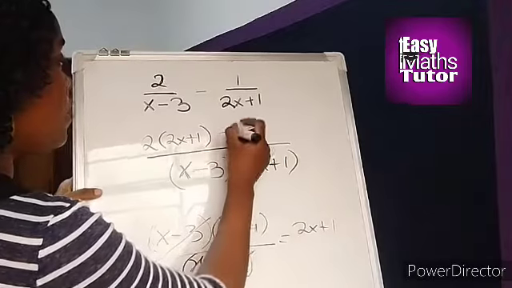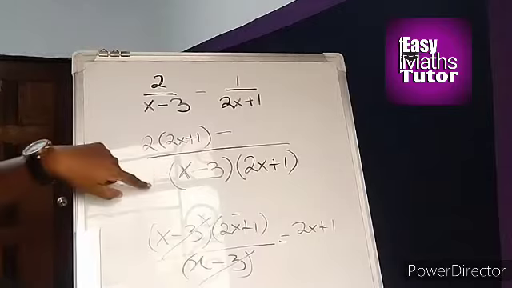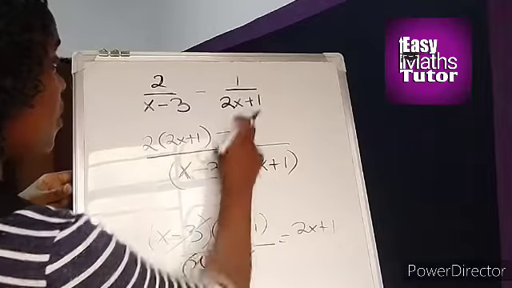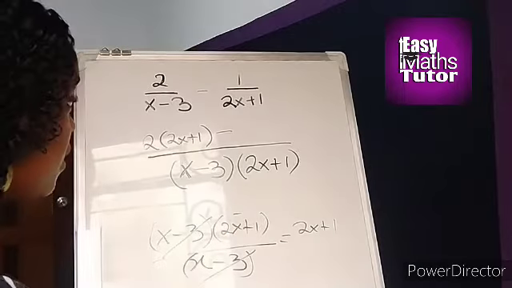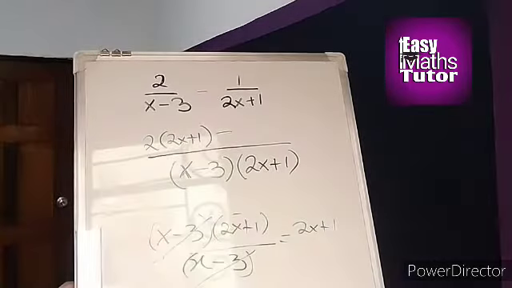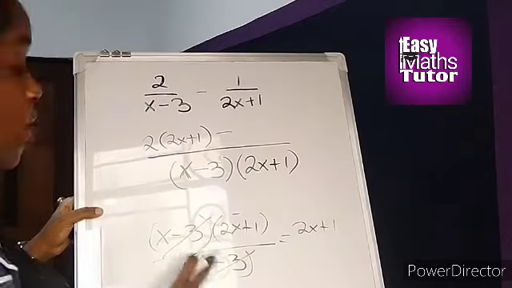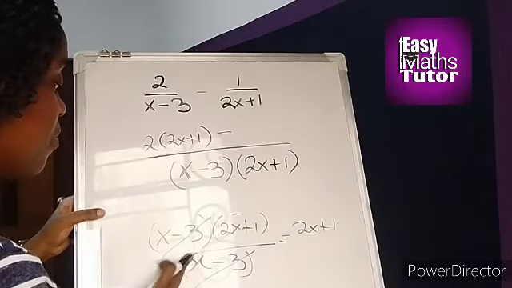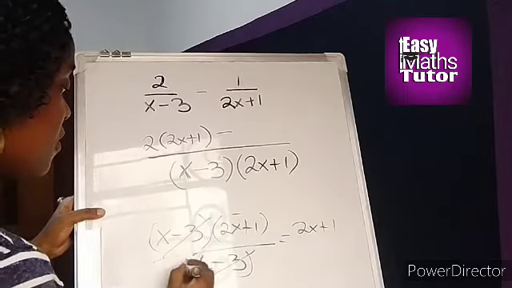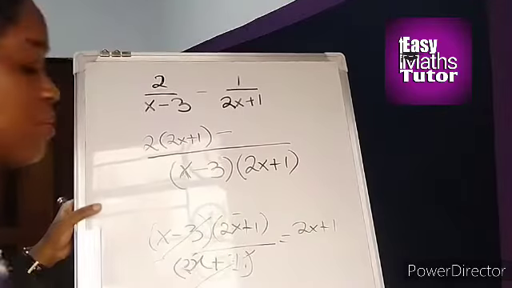Then on the other side we bring the minus sign down, and then we also divide the common denominator by this denominator. So we'll say (x minus 3)(2x plus 1) divided by 2x plus 1.